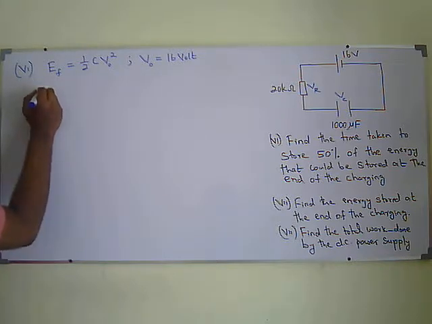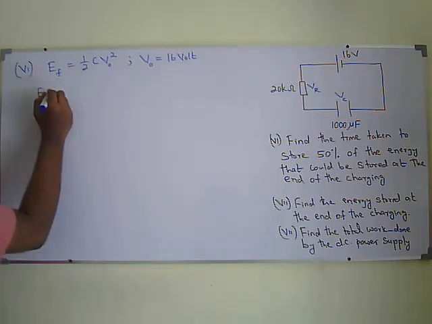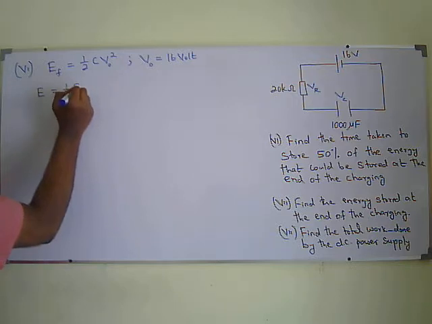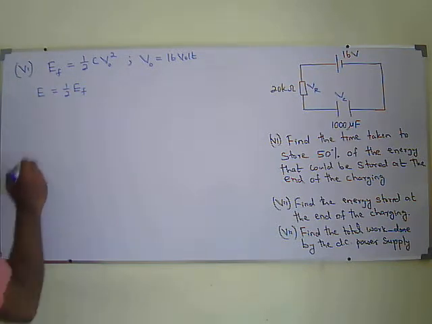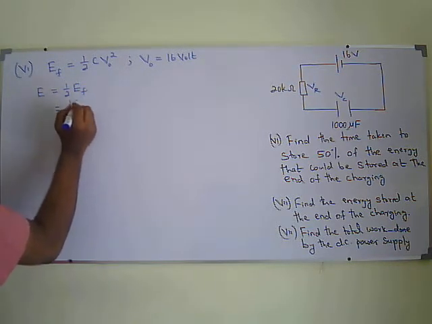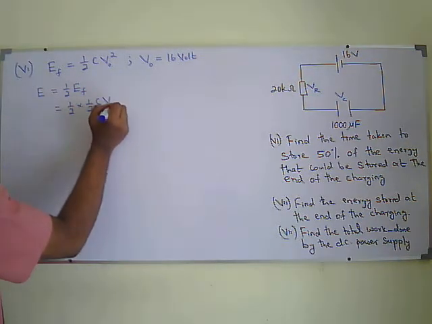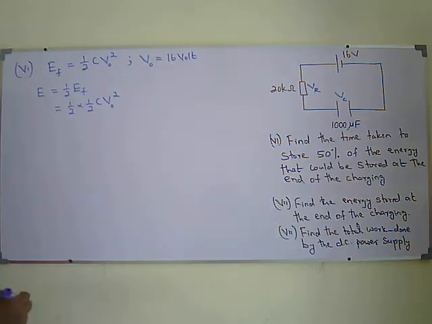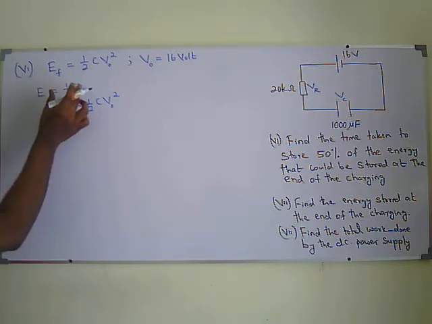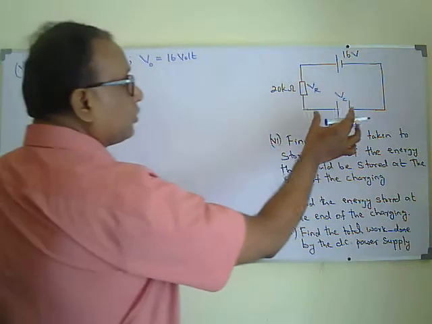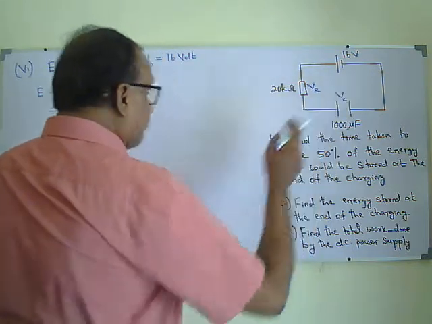So that means half of this energy is equal to half EF. So EF is half C V naught squared. When it stores this half of the final energy, there will be a voltage across it. Let it be Vc.